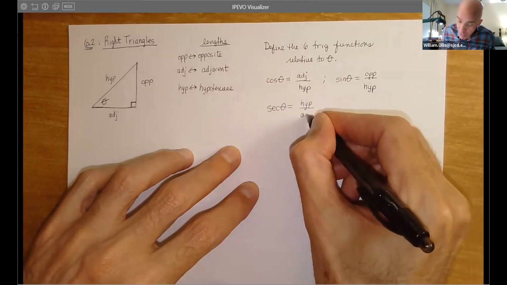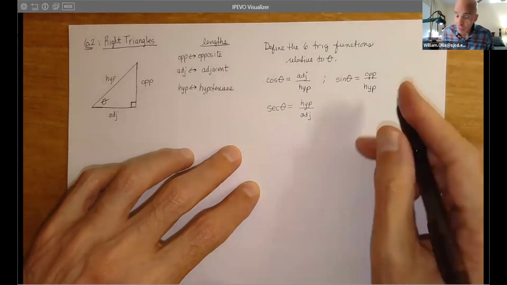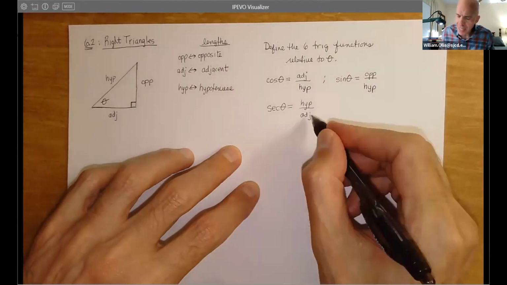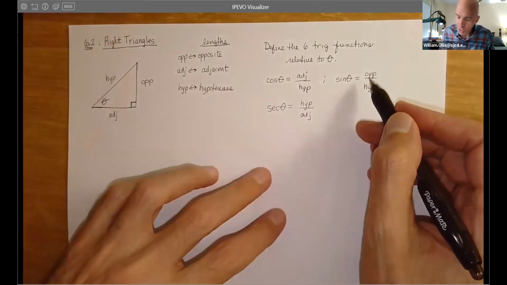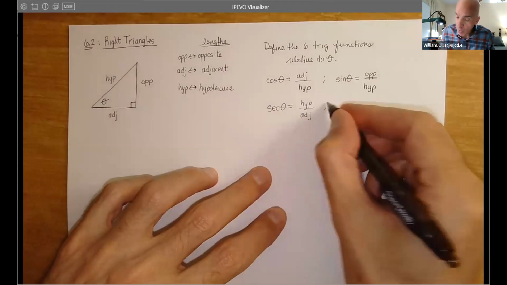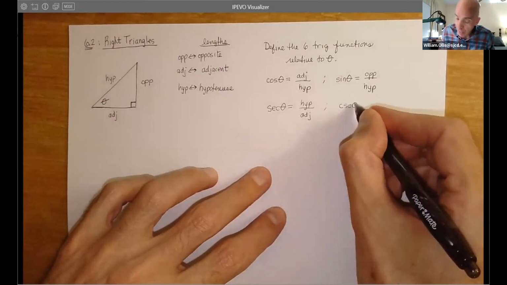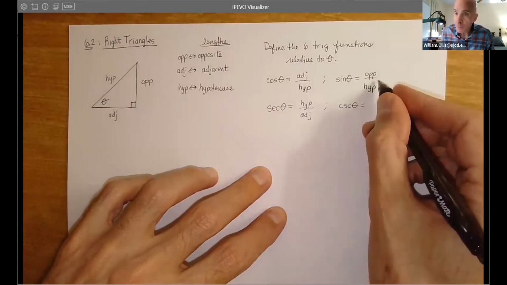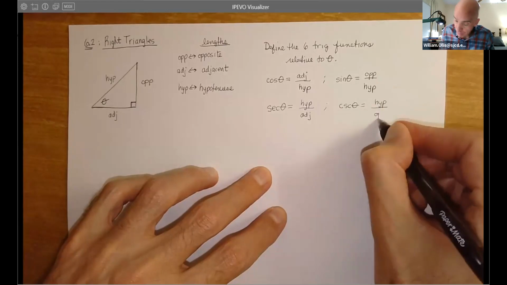These ratios of sides turn out to be very convenient. And we don't want to forget this. So basically, just remember sine and cosine, and the rest will fall out in the wash. Now, again, we're going to write the cosecant like we did before as the reciprocal of the sine. So that will be hypotenuse over opposite.